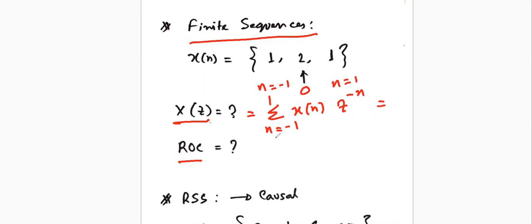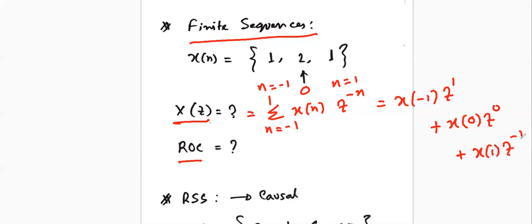Now, for n equals -1, we should write x[-1] and z to the power minus (-1), so that is +1. Plus, of course, because this is a summation, x[0] for n equals 0 and z to the power -0, that is 0, plus x[1] for n equals 1 and z to the power -1.